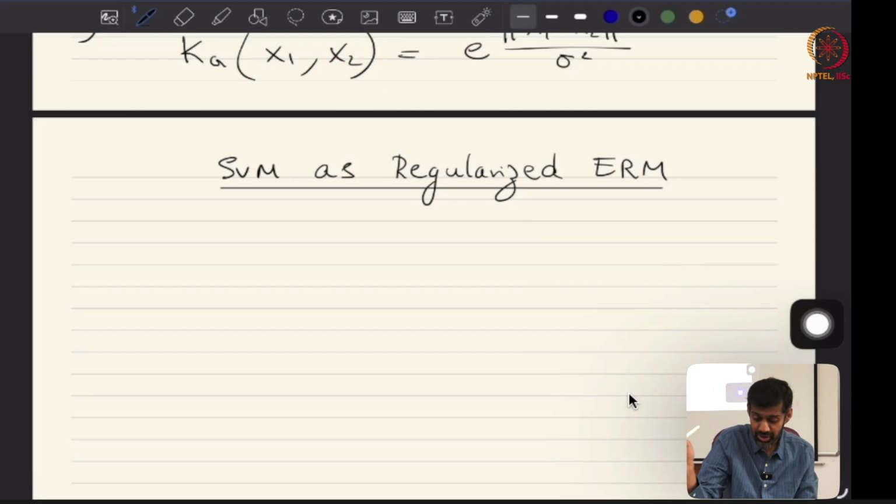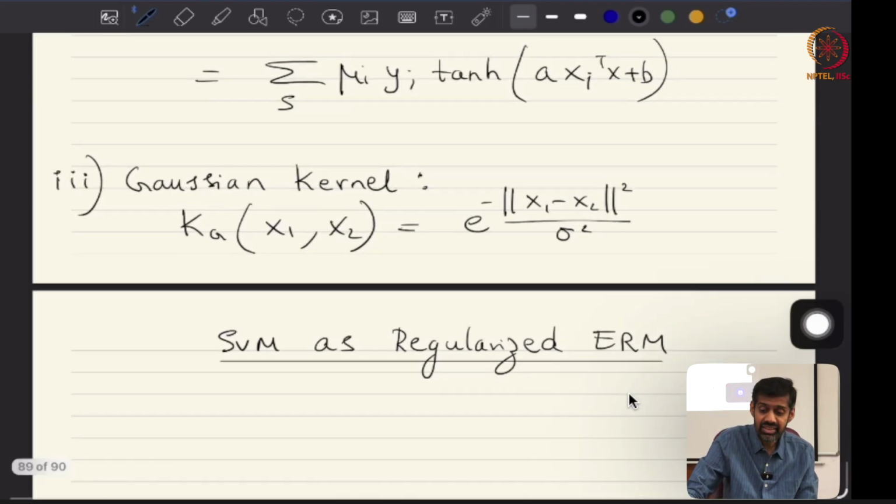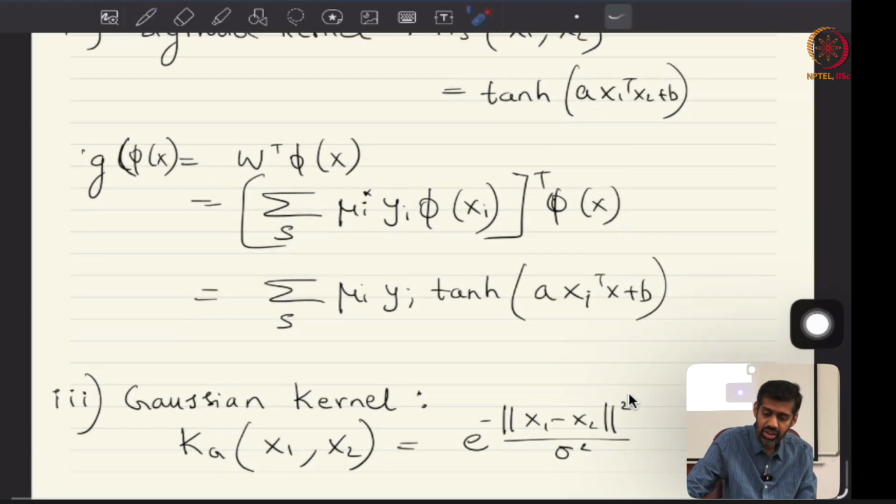Now that you reminded me of that, see this trick where you compute inner products in a projected space using a function that is defined on the pre-projected data space is called the kernel trick, and it is used very widely in machine learning. Wherever you get a formulation with some projection, if you can formulate everything in terms of inner products in the projected space, then you can do all of it using kernels.